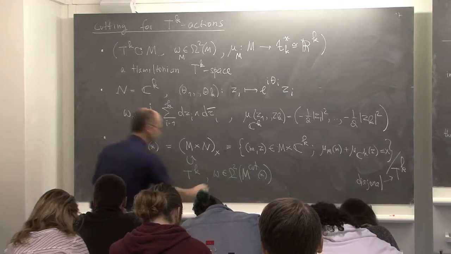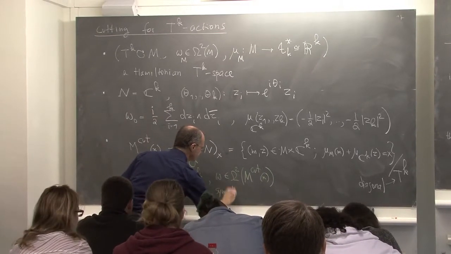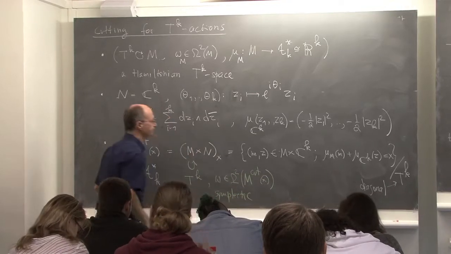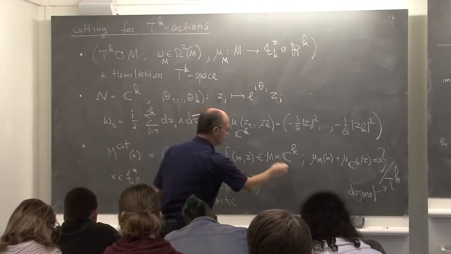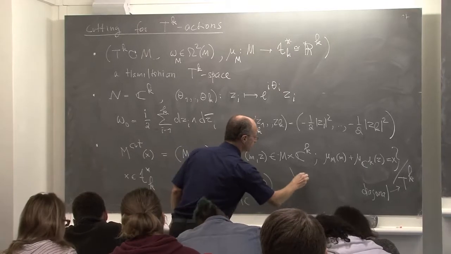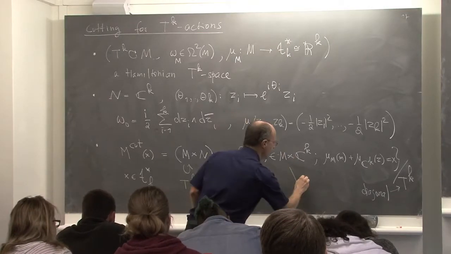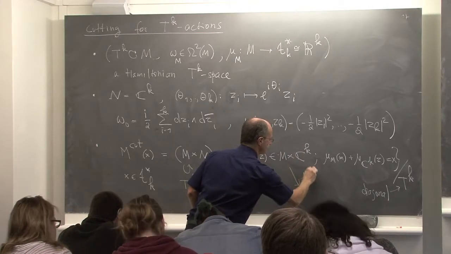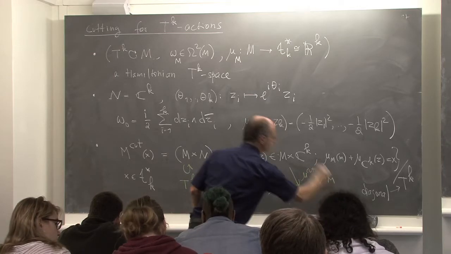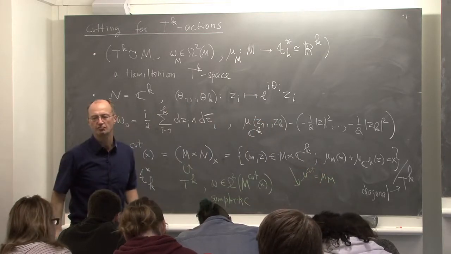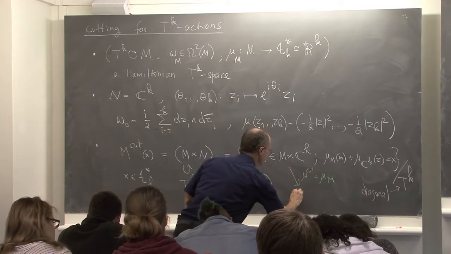So that's a symplectic form. And probably it's not a surprise that the new moment map is simply equal to mu of M, as we had before.